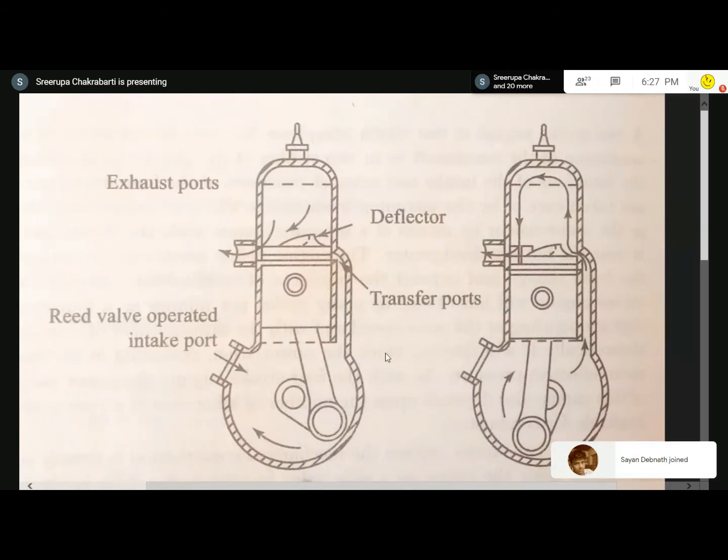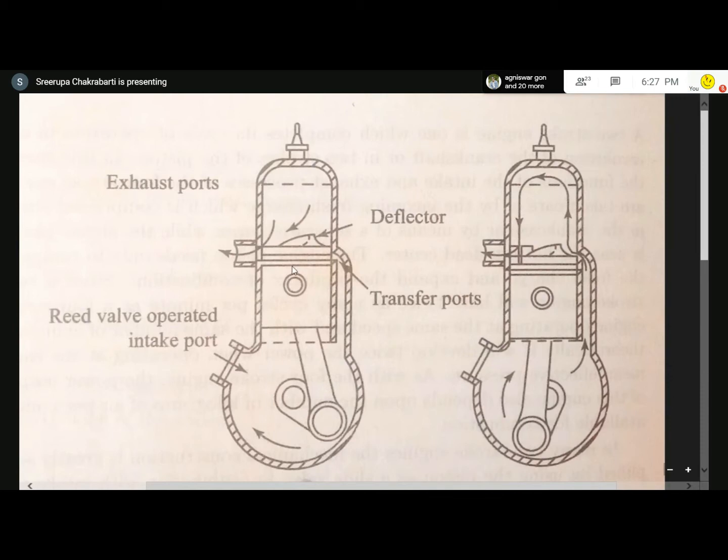When the piston was coming down, covering the transfer port, what happened to the gas here? The gas is being pressurized, and because it is pressurized, it is closing this valve or port. This is getting closed.